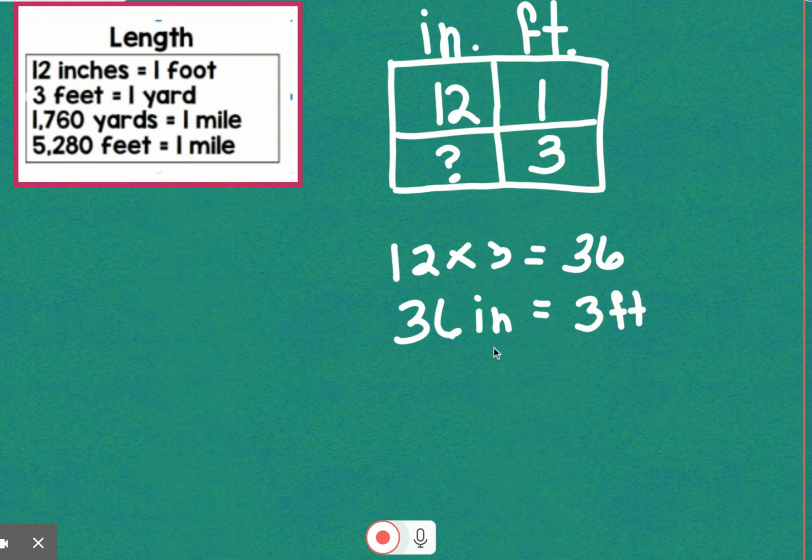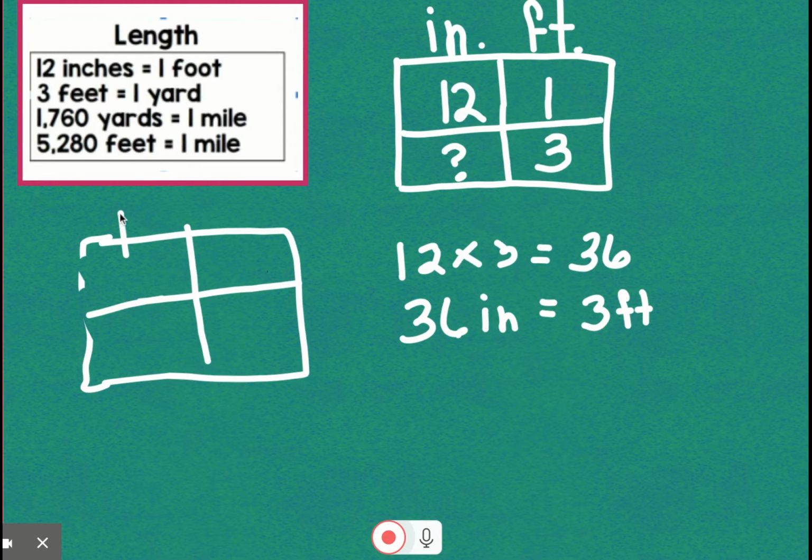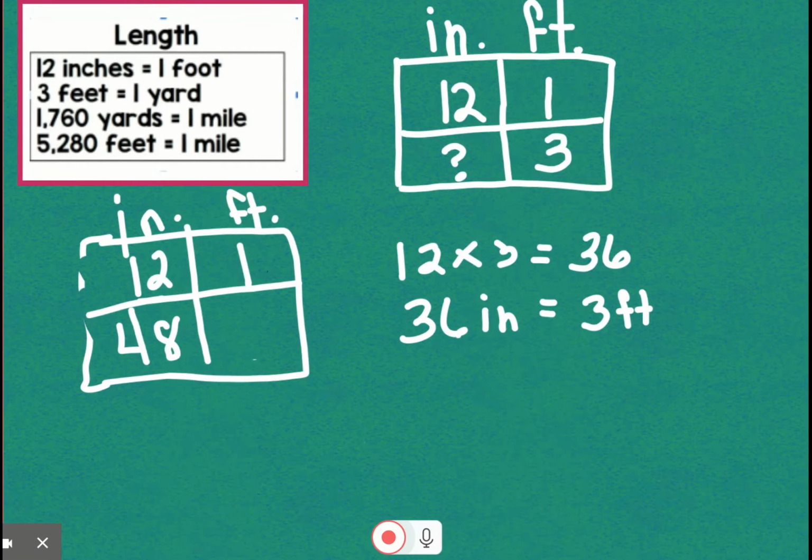And what can I do with this? I could take the same information and do it in the reverse. Here are my inches, and here are my feet. Now the order of this doesn't really matter as long as you have 12 under inches and 1 under foot. So now I'm going to look at 48 inches and find out how many feet 48 inches equals.